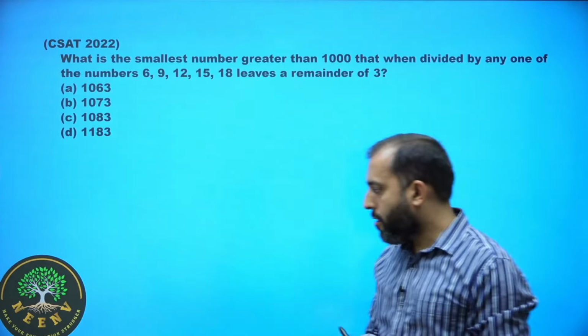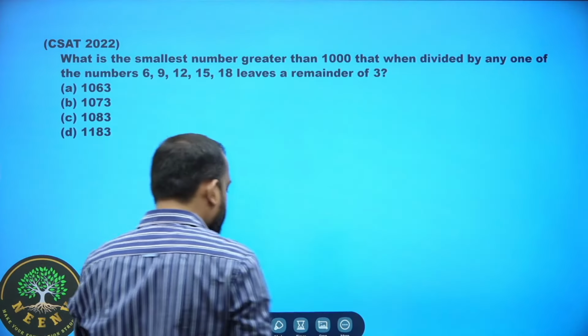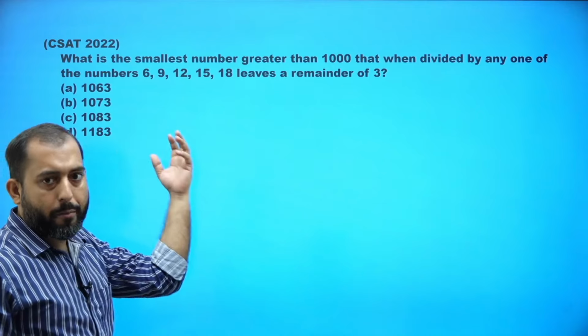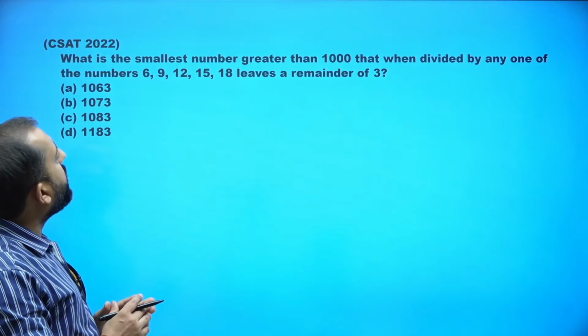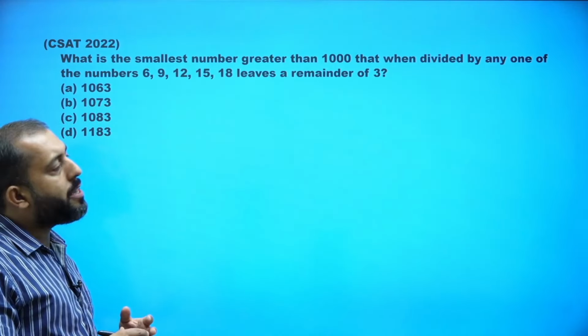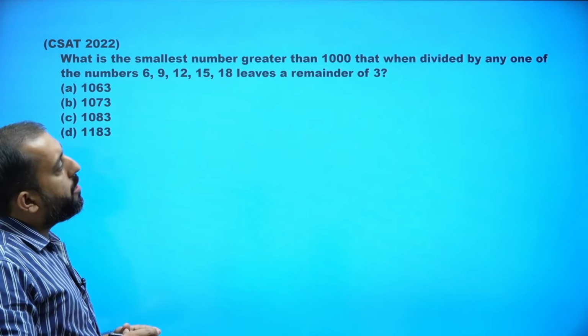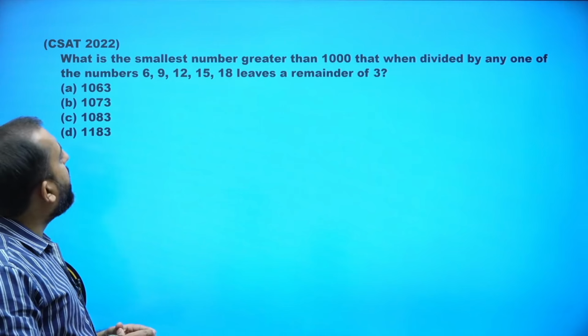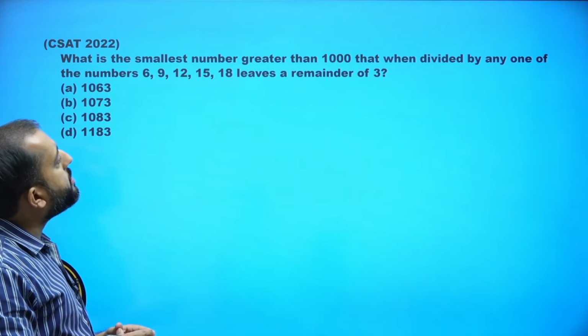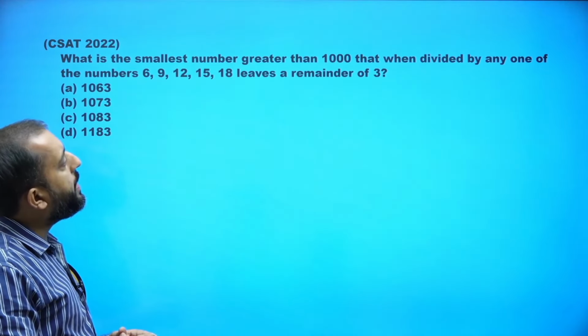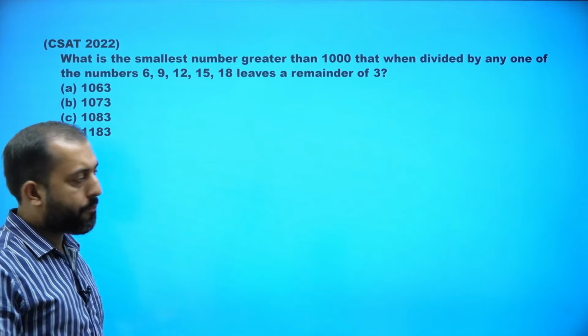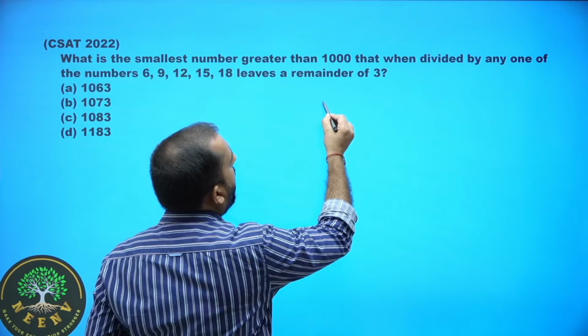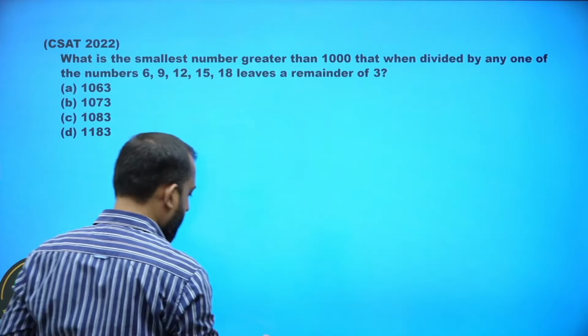So see this problem. It says, what is the smallest number greater than 1000 that when divided by any one of the numbers 6, 9, 12, 15, 18 leaves remainder 3. So let's say x is that number.